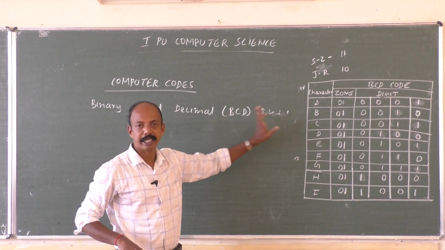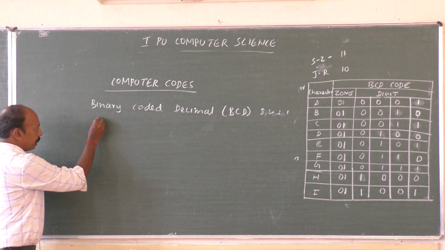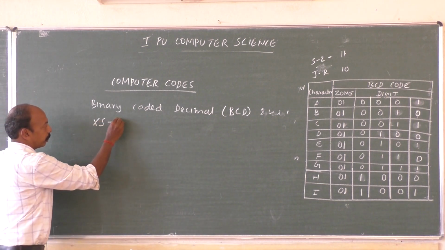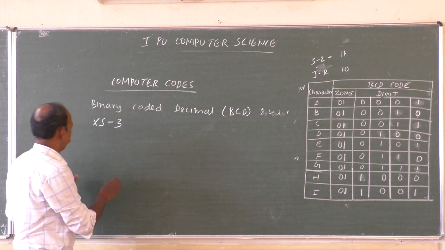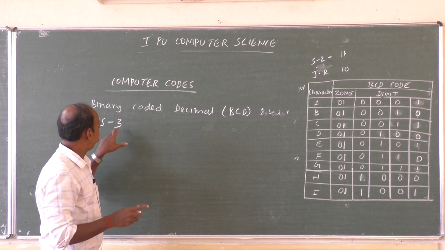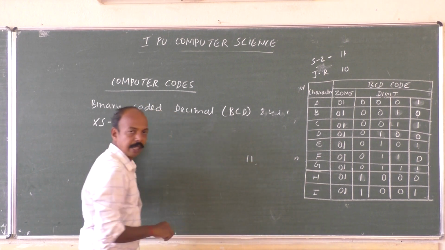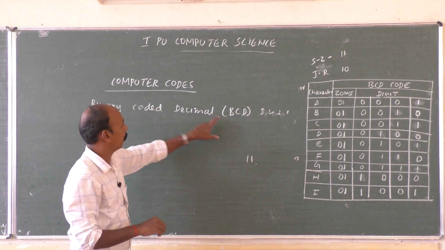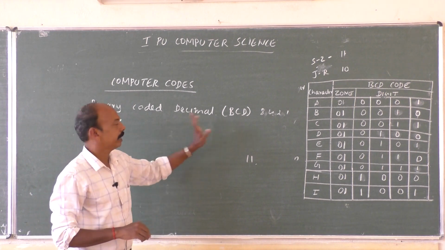We are familiar with that. Or one more is Excess 3 code, which we will get by adding 3, that is 1 1, to binary coded decimal.